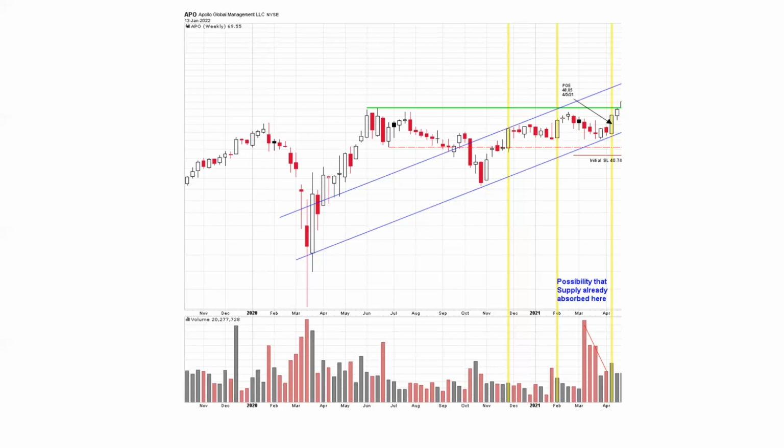Well, certainly we recognize the big March 2020 drop. This Apollo Global Management, excellent stock, great company. And look at this climactic bar here, where we have tremendous selling on increased volume.